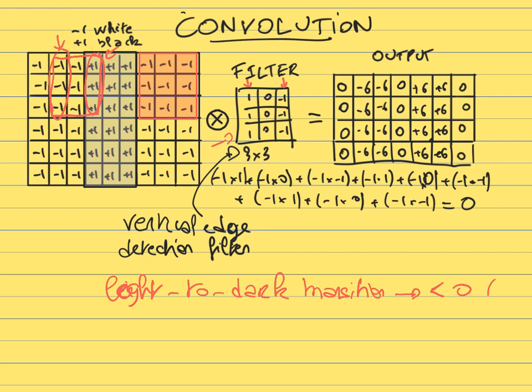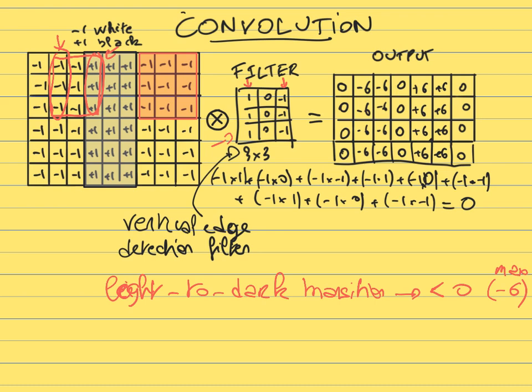In this case, it's giving you -6, which is the maximum in absolute value, or the minimum possible value. This is what happens every time it detects a light to dark transition. When the pixels are light on the left and dark on the right, this filter will give you a negative outcome.